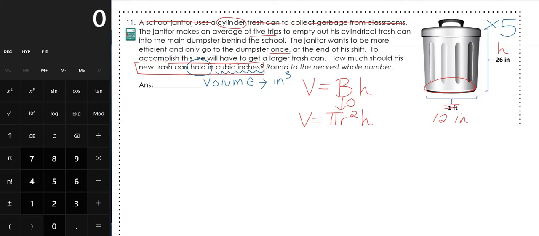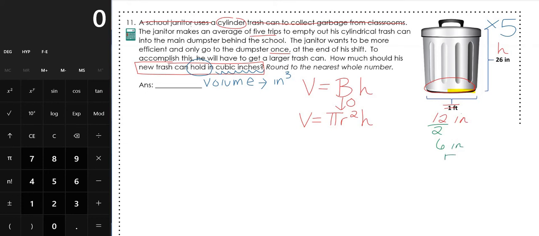Now, I need the radius and I need the height. I know the height is 26, but my radius is not 12. My radius is from one end of the circle to the middle of the circle. So it's half of your diameter. So we're not going to use 12. We're going to divide 12 by 2. And now we're going to get 6 inches as your radius.